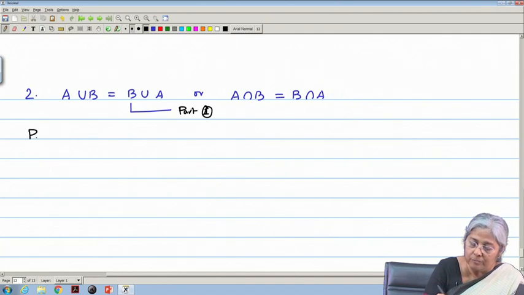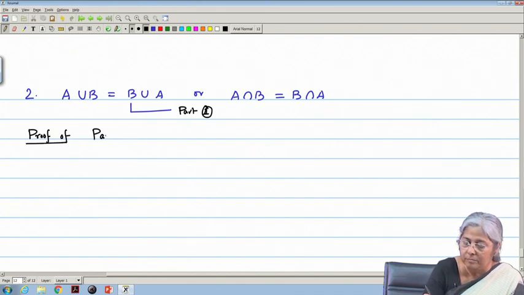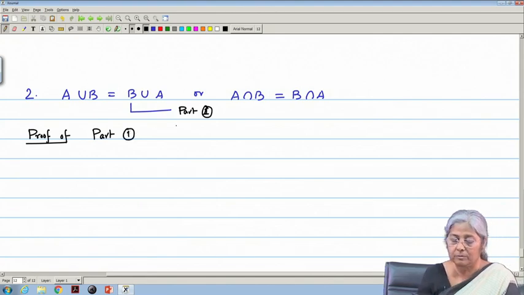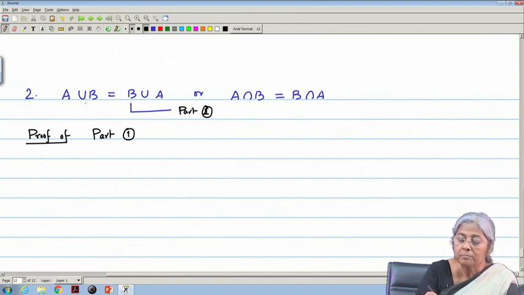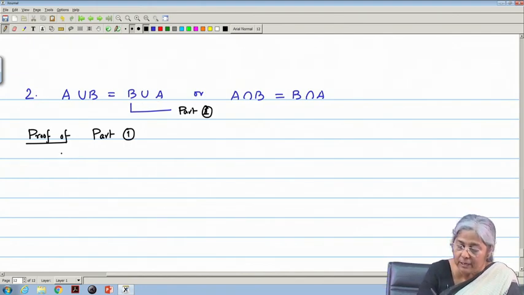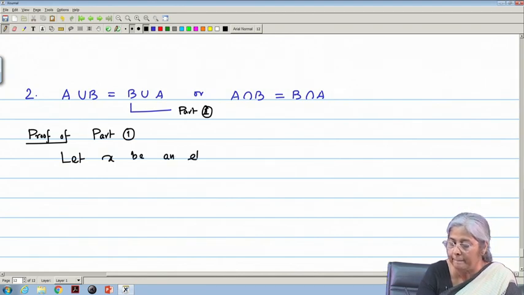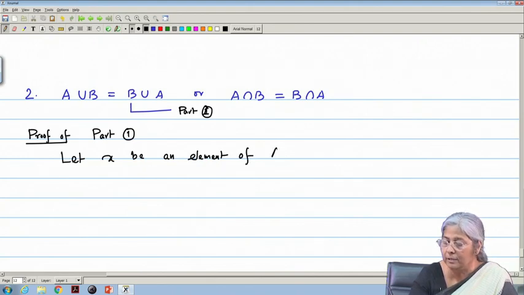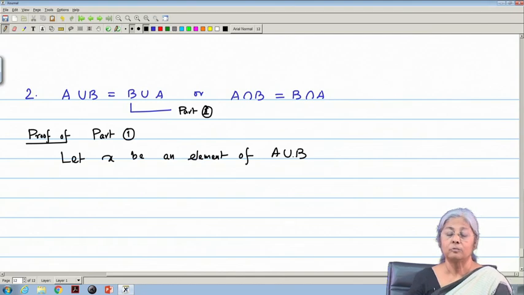So, proof of part 1, and similarly we can prove part 2. How can we prove it? See, A union B is one set, similarly B union A is a set. How can we show that two sets are the same?